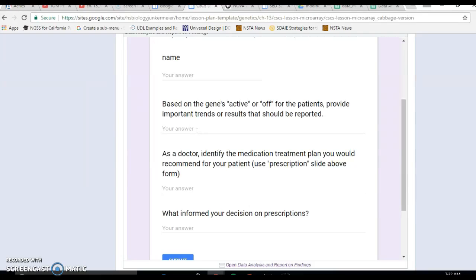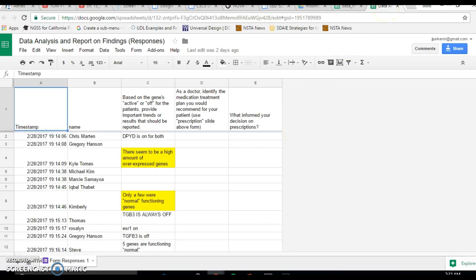So what did you notice as far as the genes active, normal, or silenced? What does that say about your patient and what's causing their cancer? And finally, you report on what medications you think are best for your patient, and you go over the spreadsheet to generate some discussion with your patients, as you can see here.